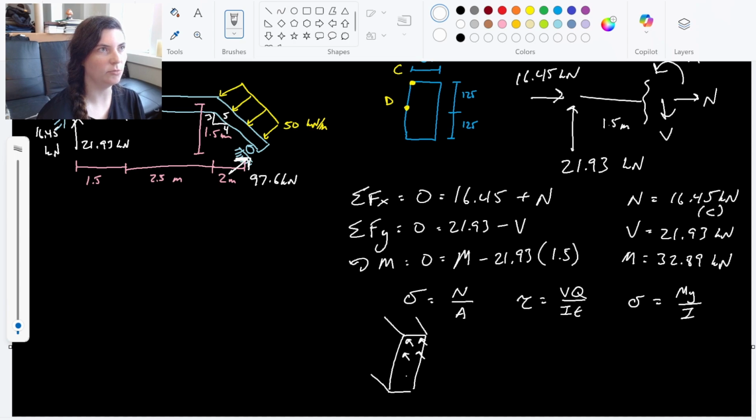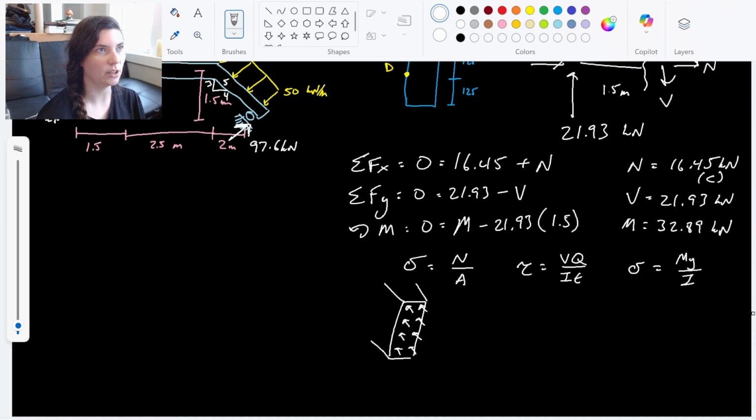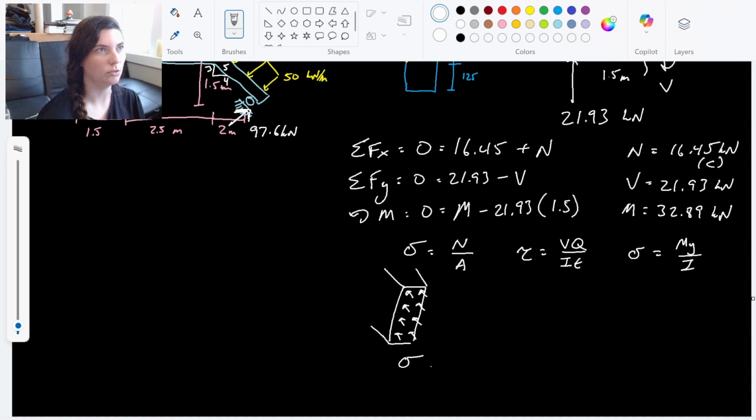It has the same value no matter where I'm looking. So it doesn't matter if I'm looking at point C or at point D, they're going to have the same normal stress value. So I can go ahead and compute that. It's just the normal force over the area, so the normal stress in either case for C or D is constant, right? It's just a constant all the way across here.